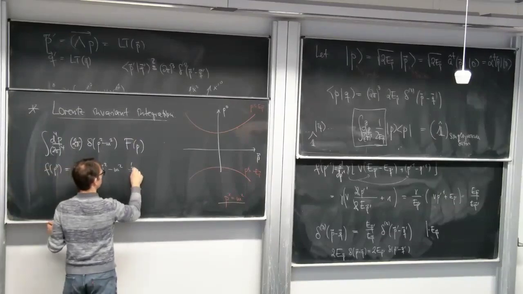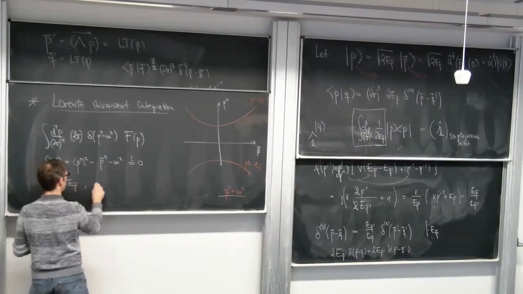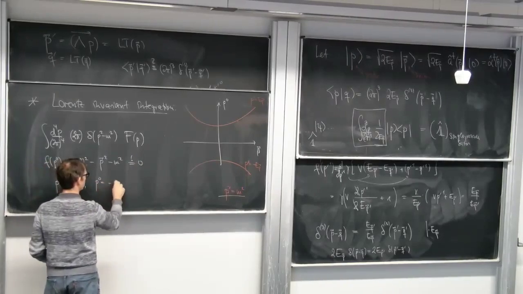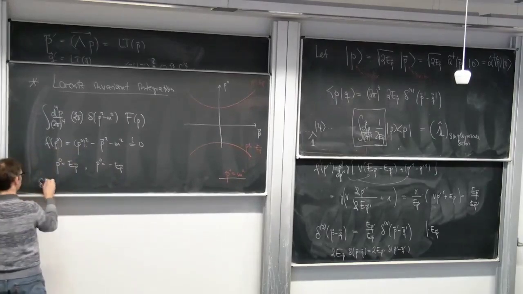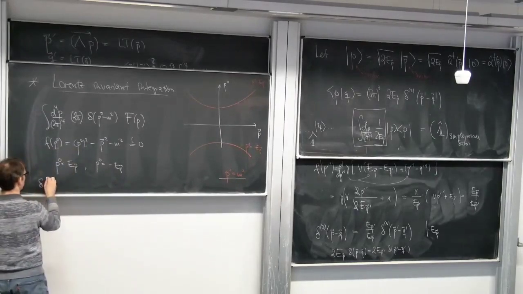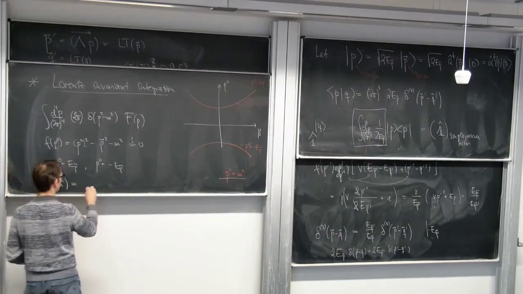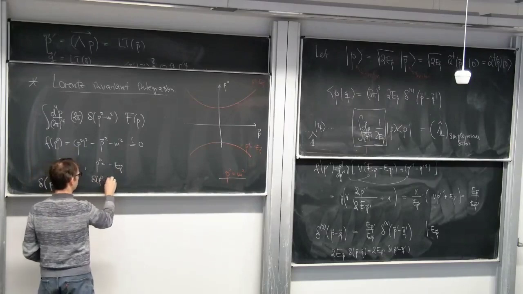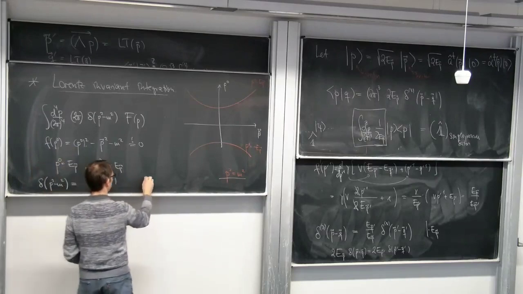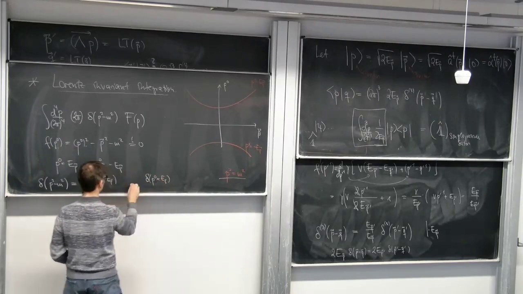Setting this equals 0, p0 equals plus E_p or p0 equals minus E_p. And therefore, the delta of p squared minus m squared is equal to a delta p0 minus E_p, and also the delta p0 plus E_p. These are the 2 roots.